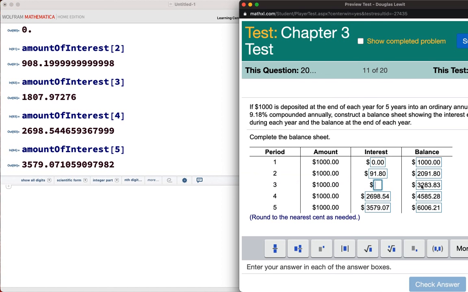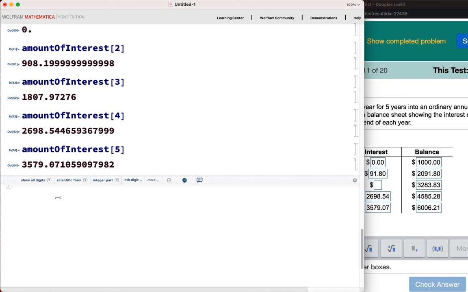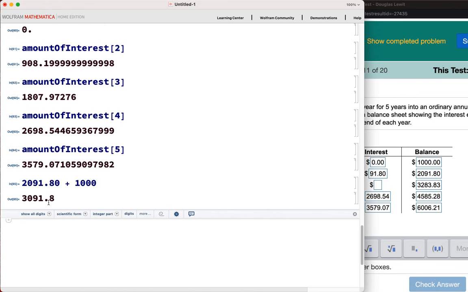So here, to figure out the interest for the third year, all right, you would have to take, hold on one second. So $2,091.80. We're going to add $1,000.